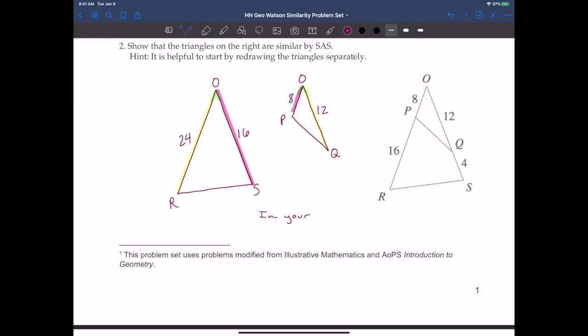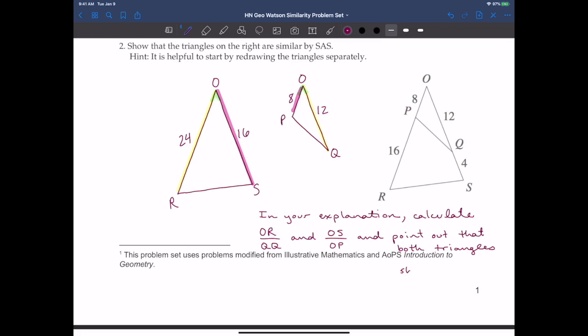In your explanation, calculate OR over OQ and OS over OP and point out that both triangles share angle O.